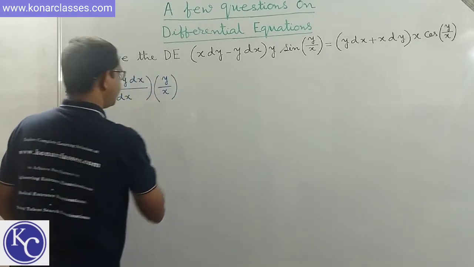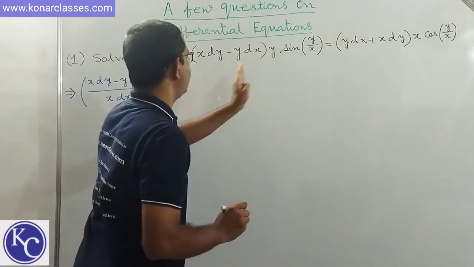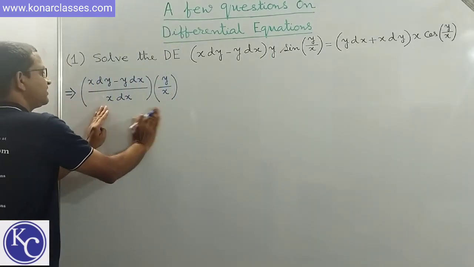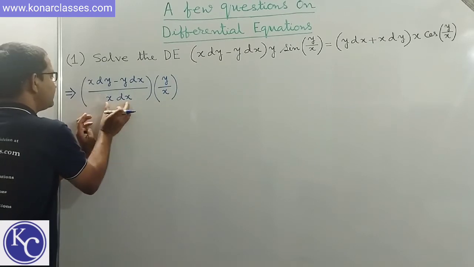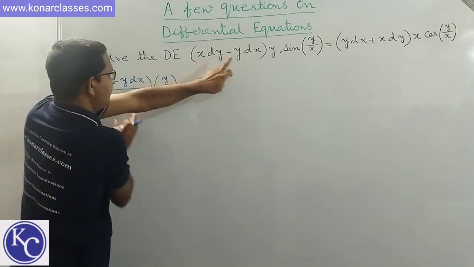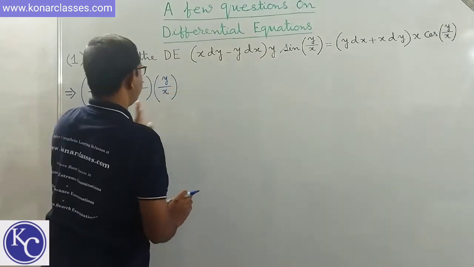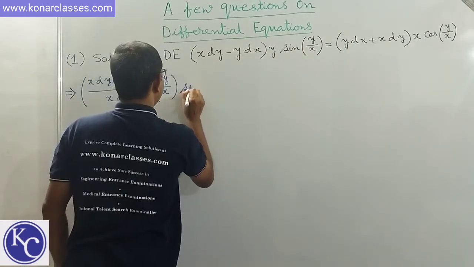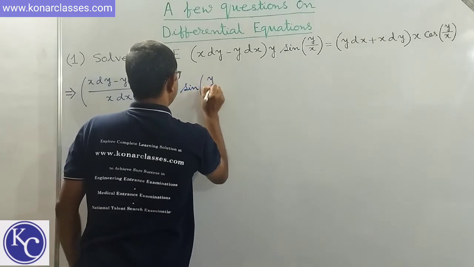As I said, both sides we are dividing by x square dx. So on the left hand side, x square dx we are distributing like this: x dx for this expression, and then for y it is y by x, and sin(y/x) we are keeping as it is.